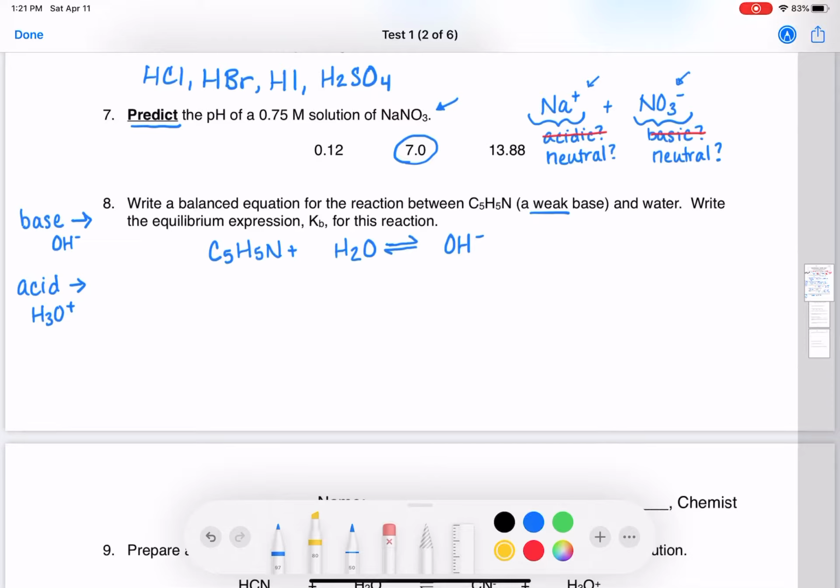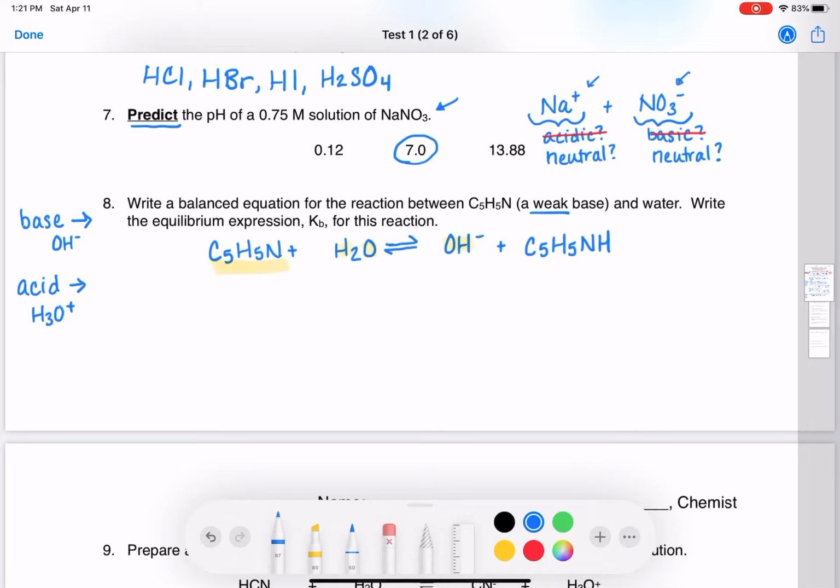So if you know one of the products, that'll help you figure out what the other product is. Since we know that one of our products is OH minus, that OH minus has come from the water. The water lost one of its hydrogens, and that hydrogen had to end up going over to the base. So we're going to rewrite the base, C5H5N, but let's give it that hydrogen that it stole from water.